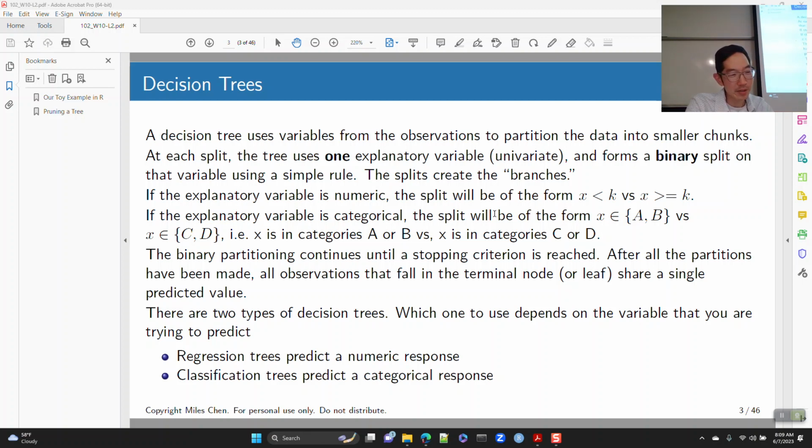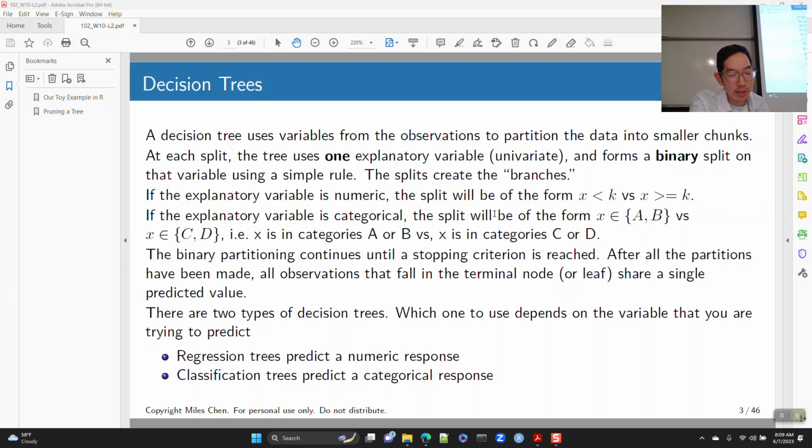All right. And we just keep splitting, creating these partitions until we reach some kind of stopping criterion. After all the partitions have been made, everybody within a certain terminal node, which we might call a leaf to keep the tree analogy going, shares a single predicted value.